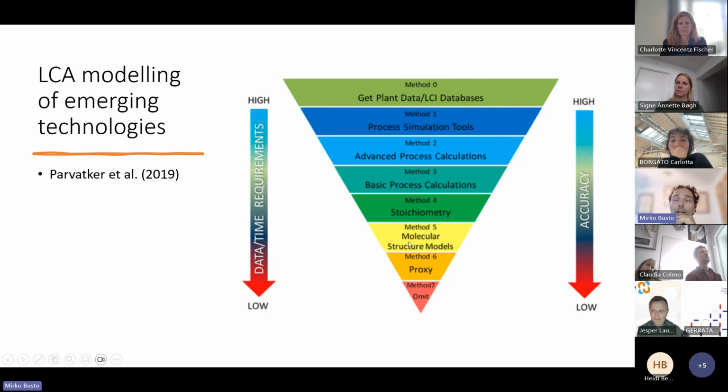We can have models like QSAR models or molecular structure models that can, in a sense, assume by statistical methods the kind of impacts related to a particular molecule, comparing it to others. Or we can proxy, or we can even omit the process. As you can see here, the accuracy goes from high to low across the different possible choices. This is just a flavor of what can be done to model something that is not yet on the market, that cannot easily be measured. You have to utilize a set of different potential tools.